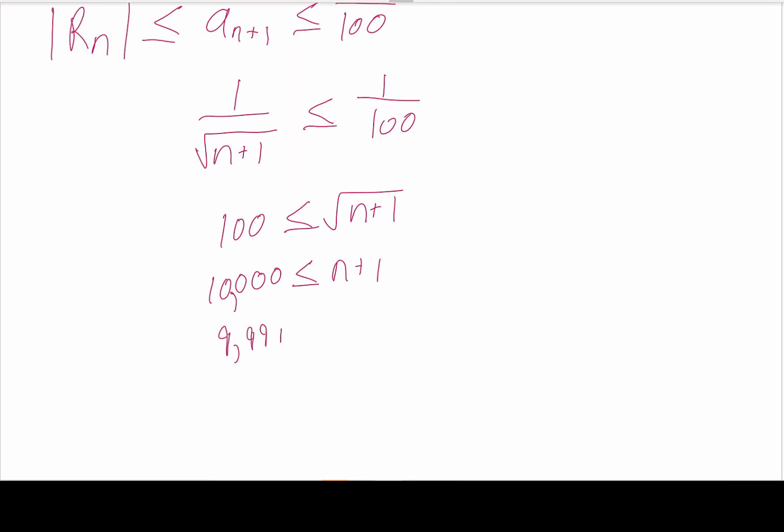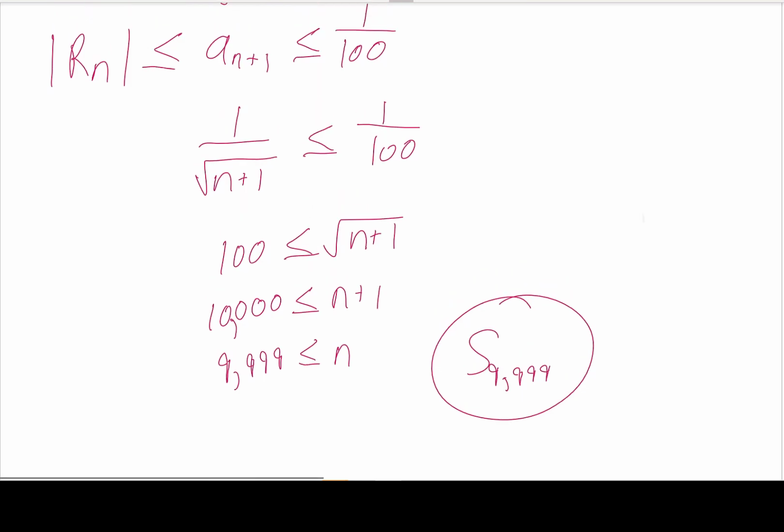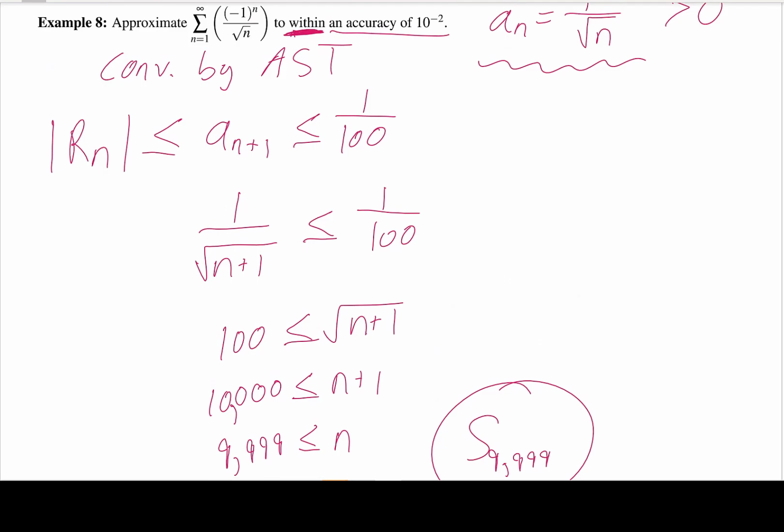We'll get 9,999 is less than or equal to n. And so then what we would want to use to approximate this would be s sub 9,999. So that means that if we add up the first 9,999 terms, then we will get within an accuracy of 10 to the negative 2, which would be the same thing as 0.01.